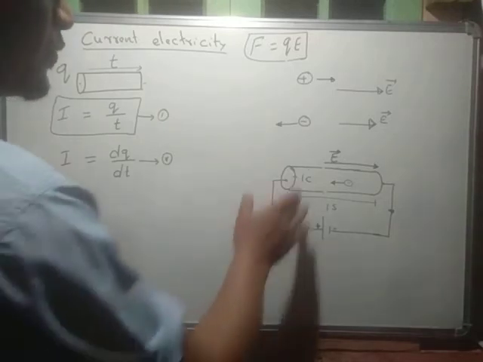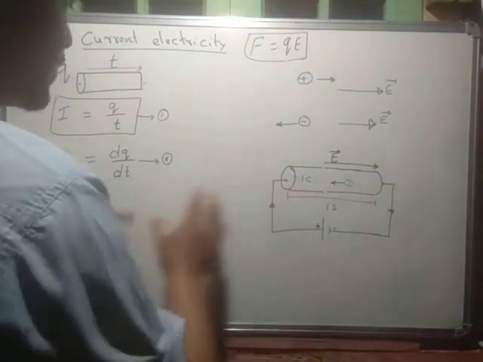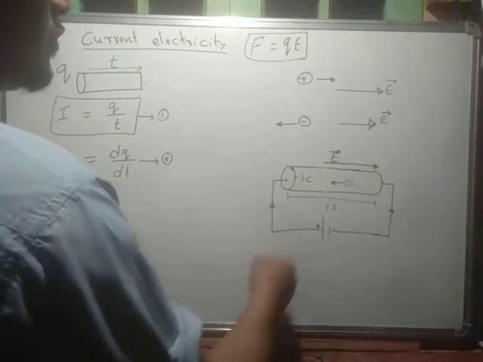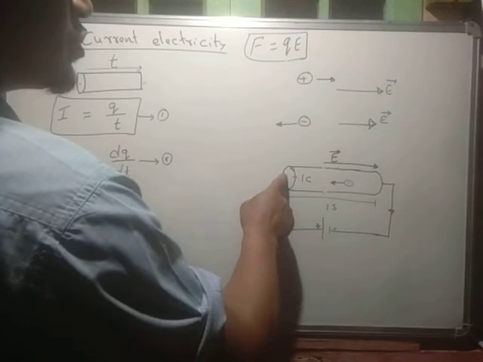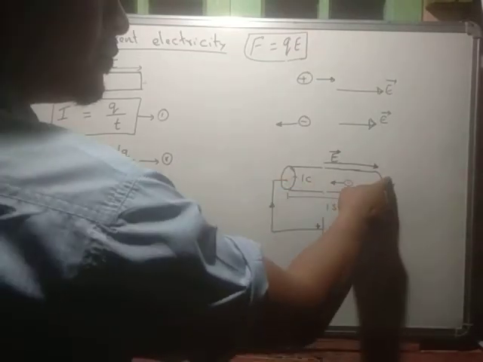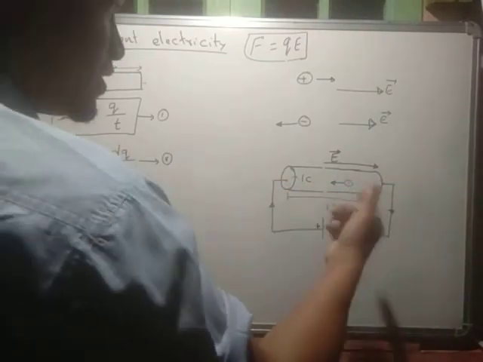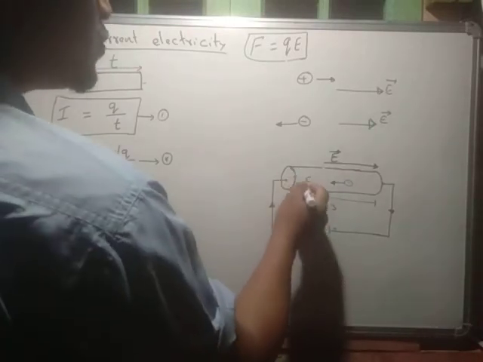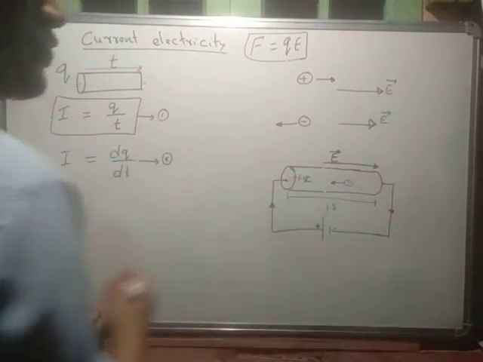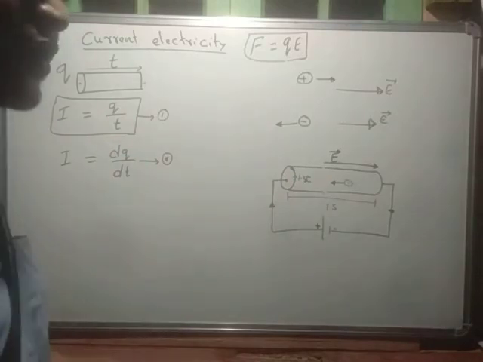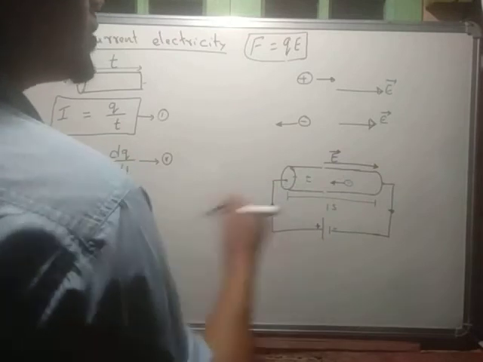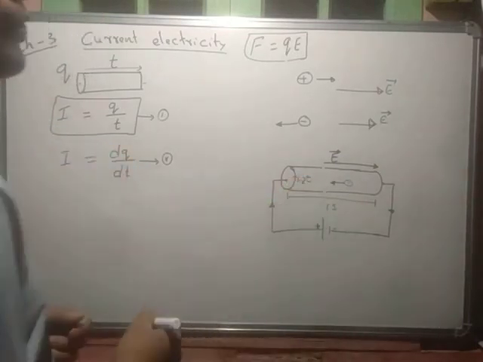However, when the rate of flow of charge is not uniform, for the first 1 second the charge crossing through the conductor is 1 coulomb. For the next 1 second the charge crossing is not 1 coulomb now, it is 1.5, which is different from before. For the next 1 second, let's say it is 1.2 coulomb.